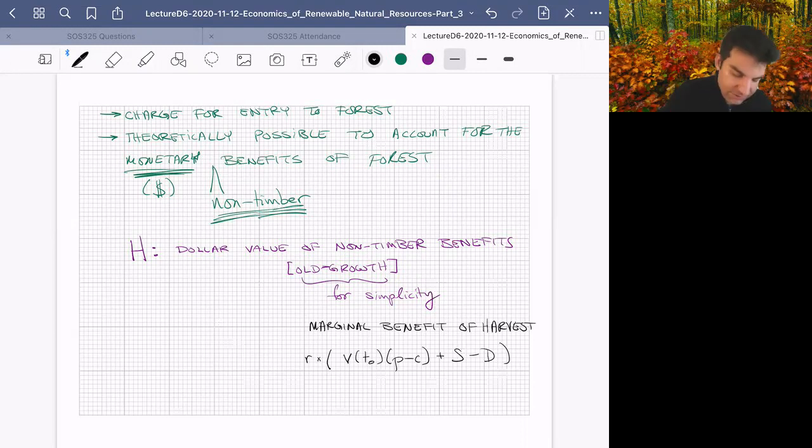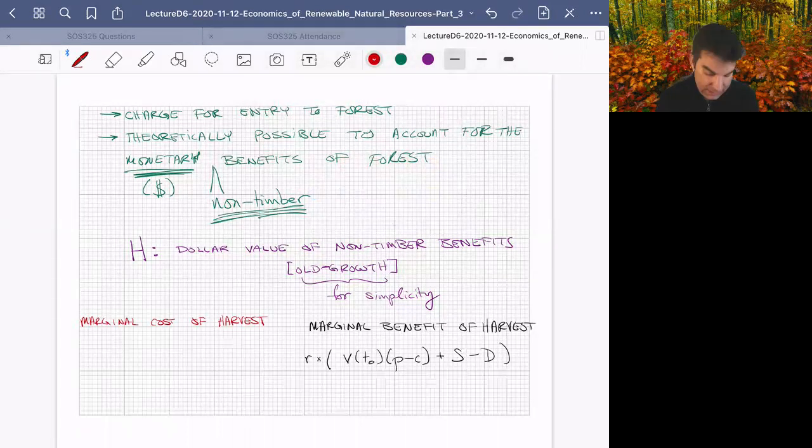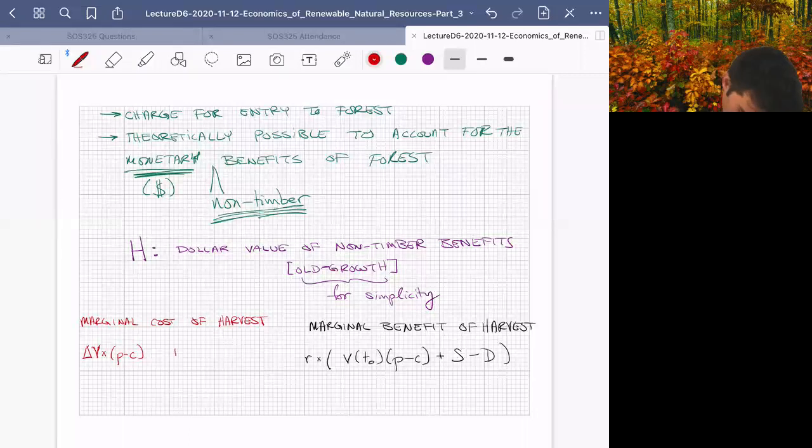But there is a marginal cost of harvest as well. And so the marginal cost of harvest, we've already been working with effectively most of this quantity, where that is going to be the amount of growth I can get between this year and next year, converted into dollars times the net benefit per unit wood or volume of wood, plus these non-timber benefits.